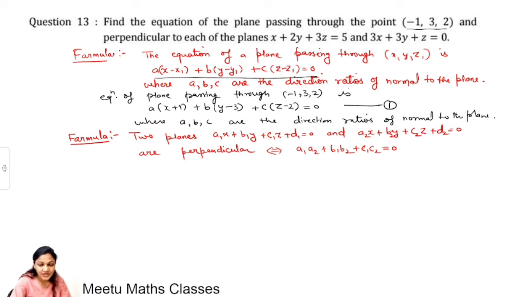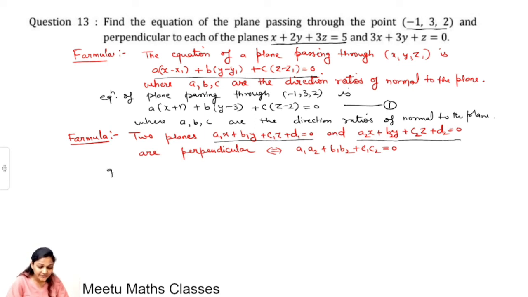Now we are given that this plane 1 is perpendicular to this. So when two planes are perpendicular, there is a formula: two planes a1x plus b1y plus c1z plus d1 is equal to 0 and a2x plus b2y plus c2z plus d2 is equal to 0 are perpendicular if and only if a1 a2 plus b1 b2 plus c1 c2 is equal to 0.